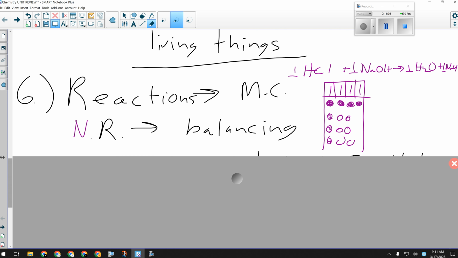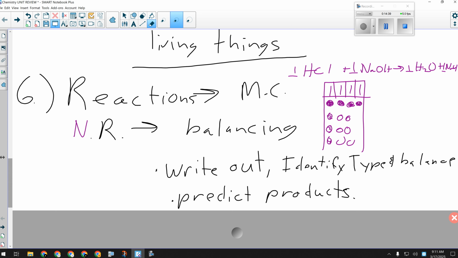Okay, and then obviously in the written response, there are 4 reaction questions where you have to write them out, identify the type, balance, and predict products. Mistake, there are only 3 written response questions, but my numbering thing crapped out and it said 1, 2, 4.